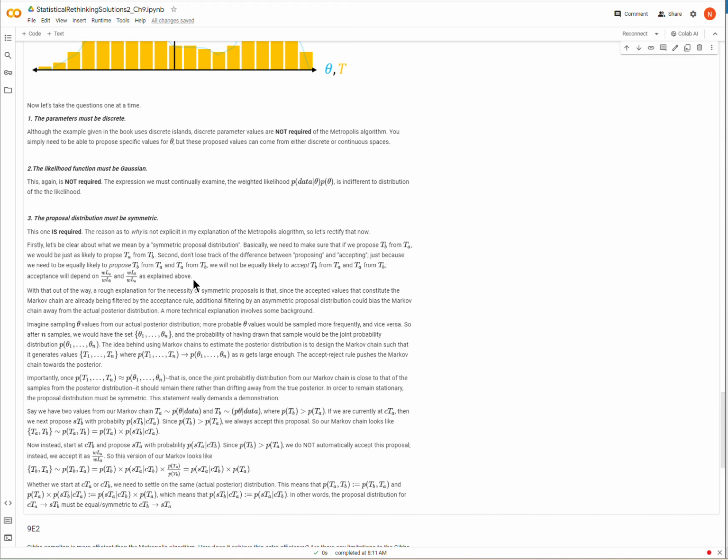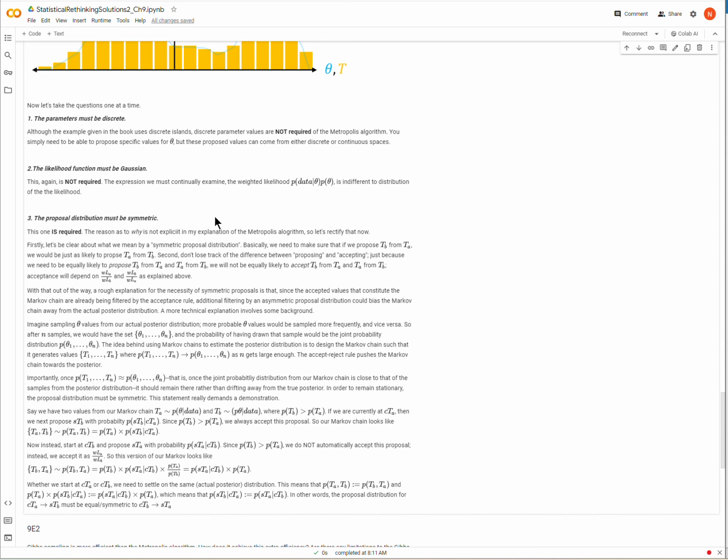So one very quick way we could explain why the proposal distribution needs to be symmetric could be something like this. As we're generating our approximated posterior distribution, we are already filtering samples based on our accept reject rule.